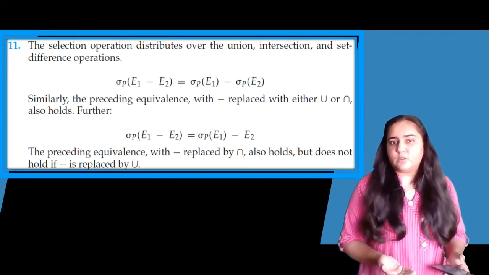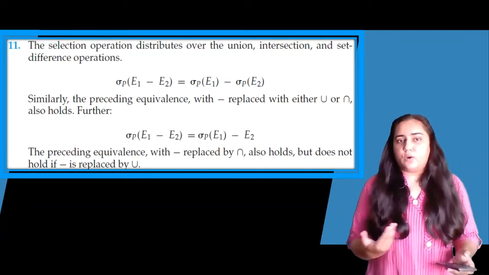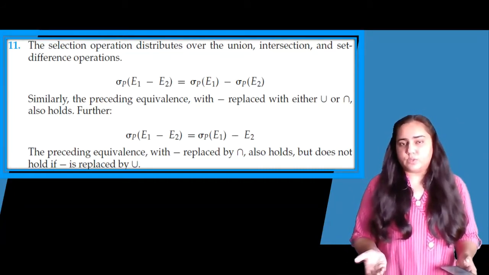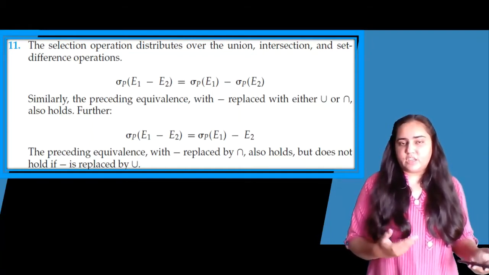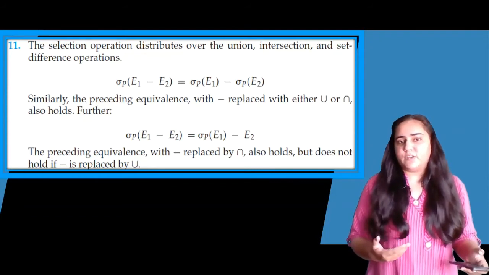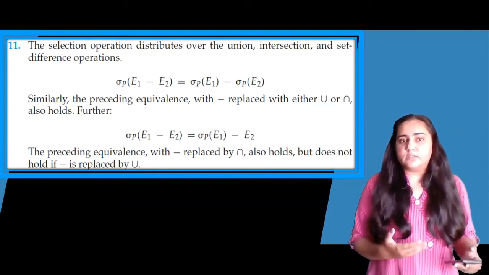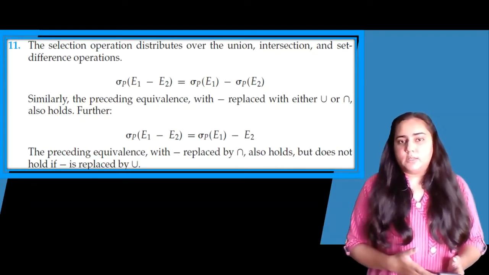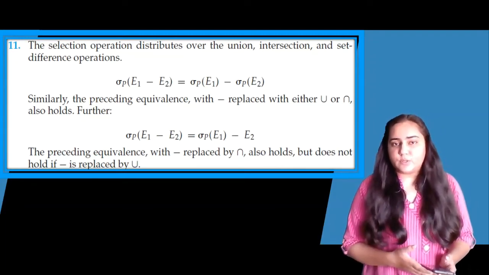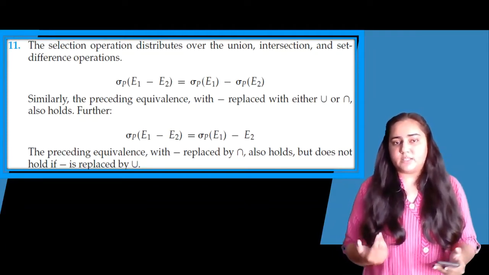Similarly, the preceding equivalence with minus replaced with either union or intersection also holds, which means I can do the same thing if it was E1 union E2 or E1 intersection E2. I can still distribute the select operation. And you can see next what you have is sigma p of E1 minus E2.